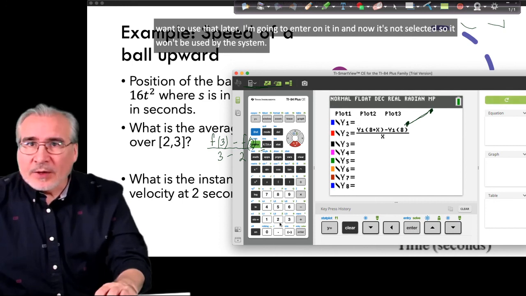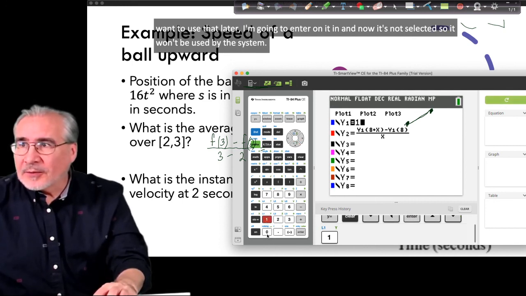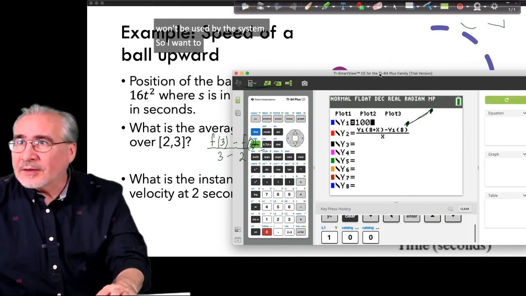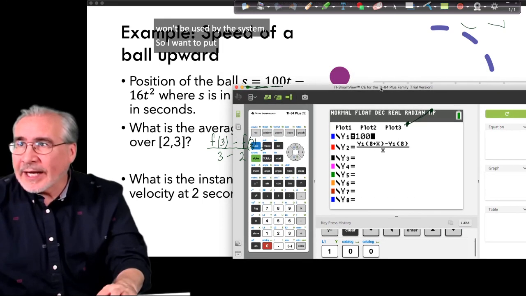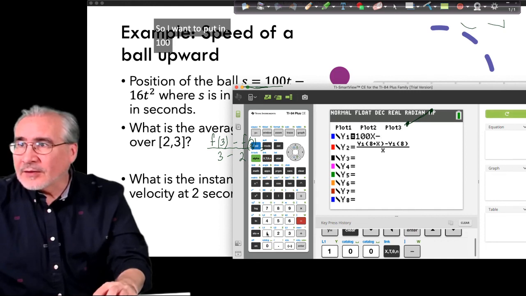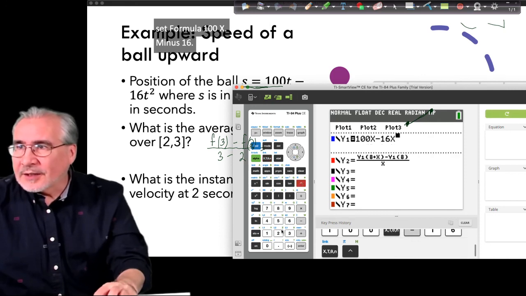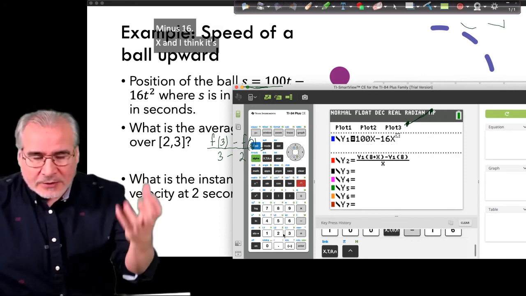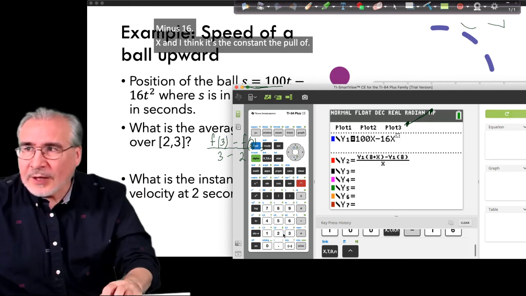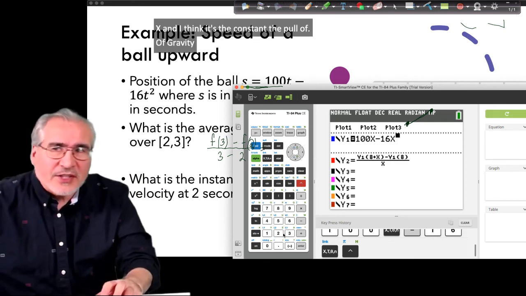Okay, so I want to put in the formula 100x minus 16x squared. I think the constant for the pull of gravity is 16 feet per second squared.